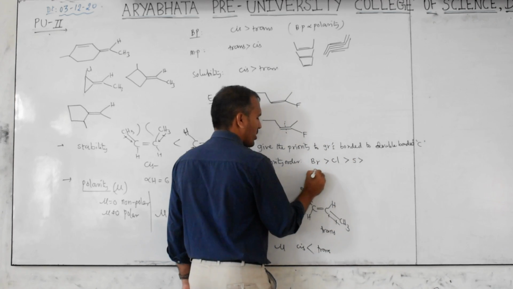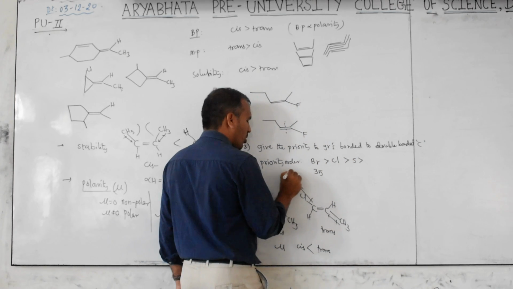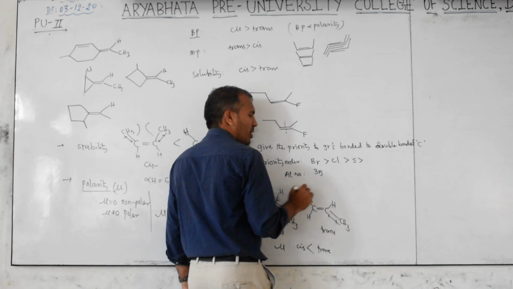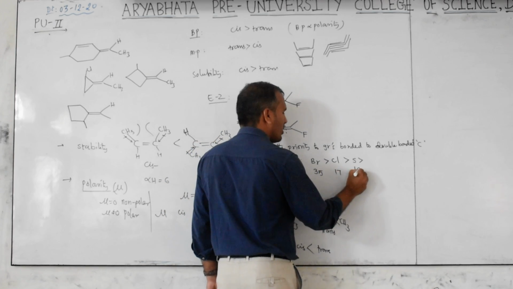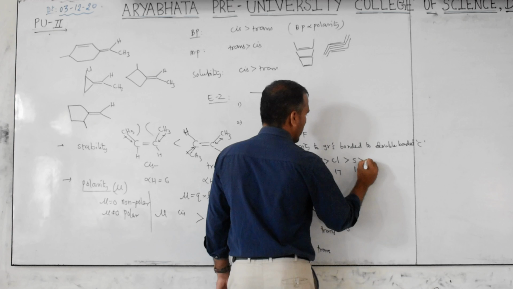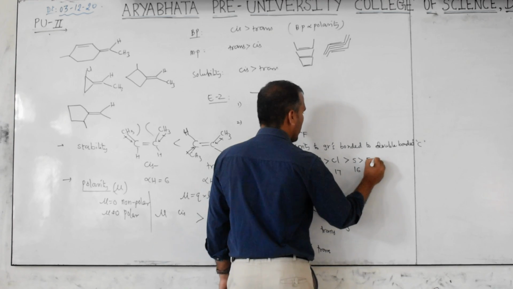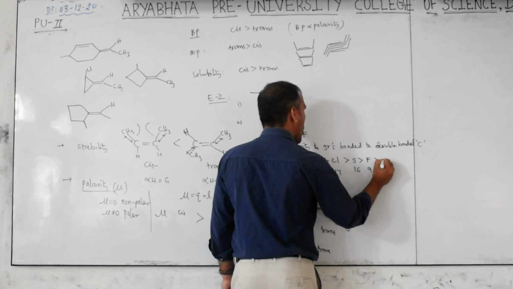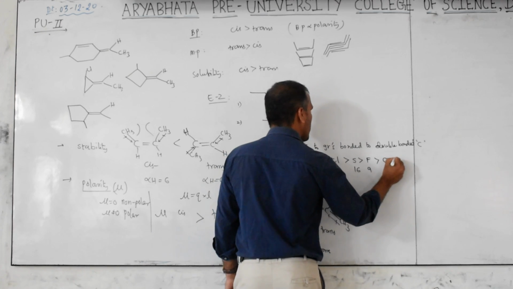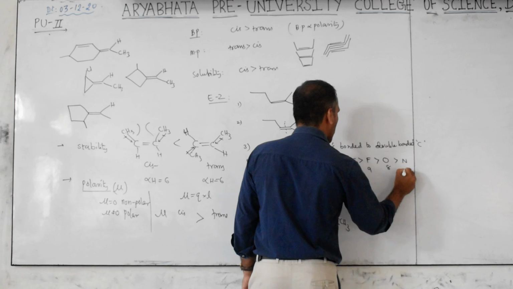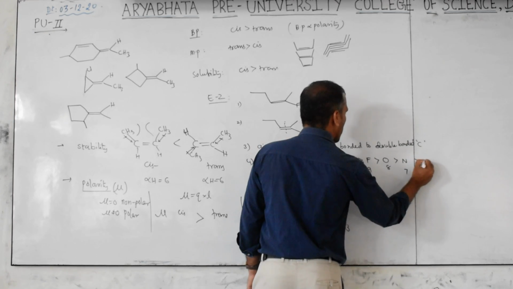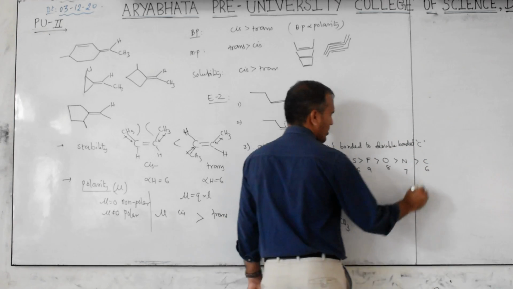This is atomic number 35, 17, 16. After this, fluorine, how much? 9. After this, oxygen 8. Then nitrogen 7. Carbon 6.